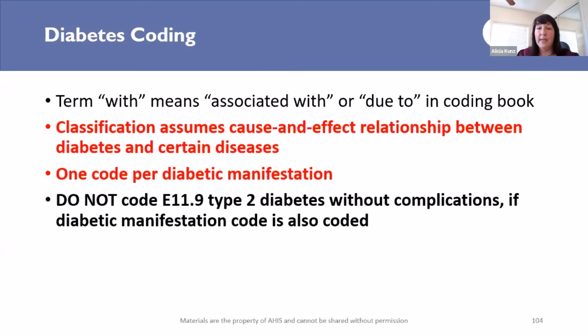Remember, chronic kidney disease, neuropathy, there's a bunch of them. Anytime you see a code that says diabetes with, and then another condition, just know that if both conditions are documented, they are presumed to be related to the diabetes. Unless the physician specifically says it's due to something else, you will assume it's related to the diabetes.